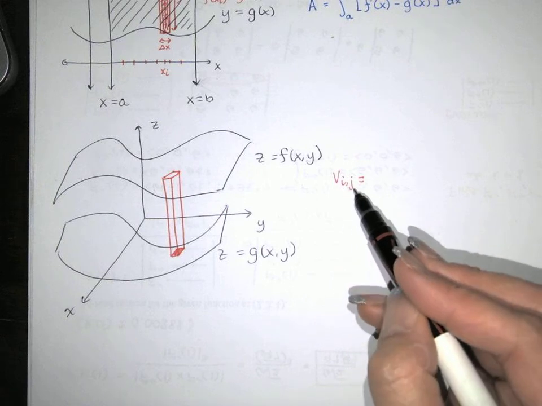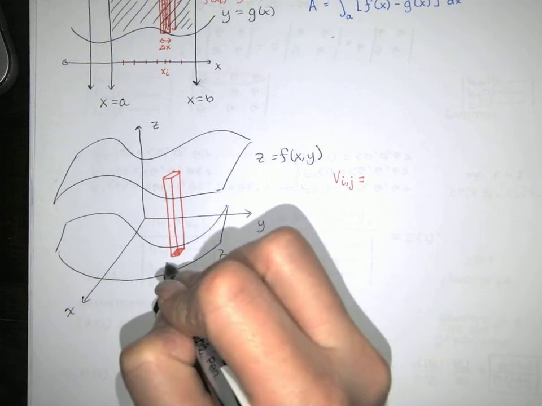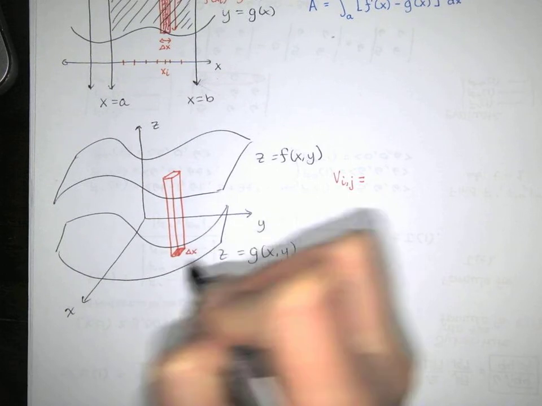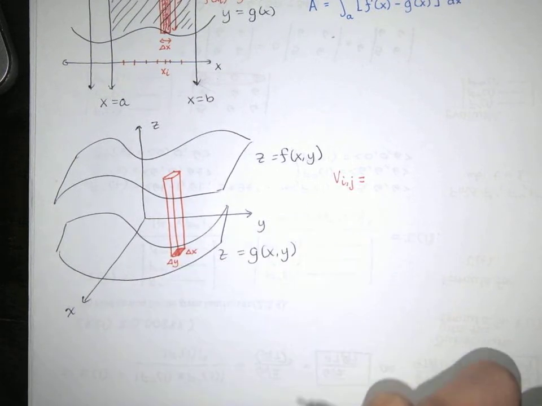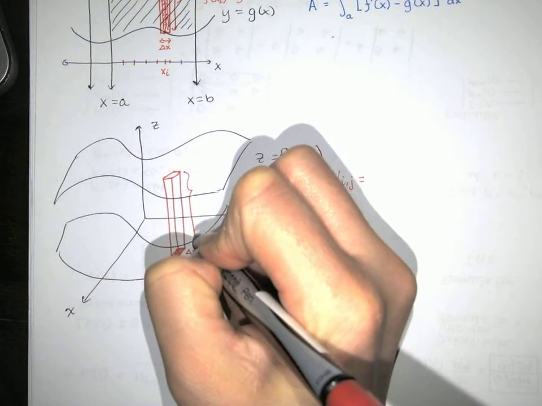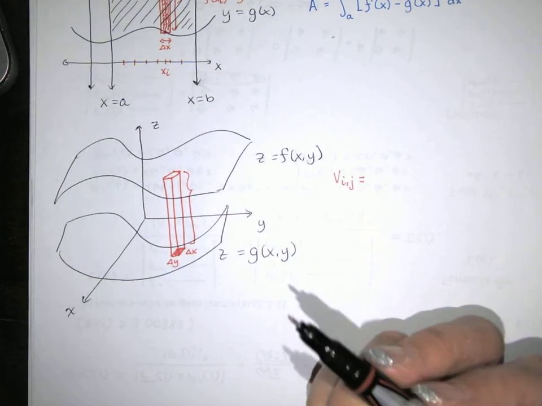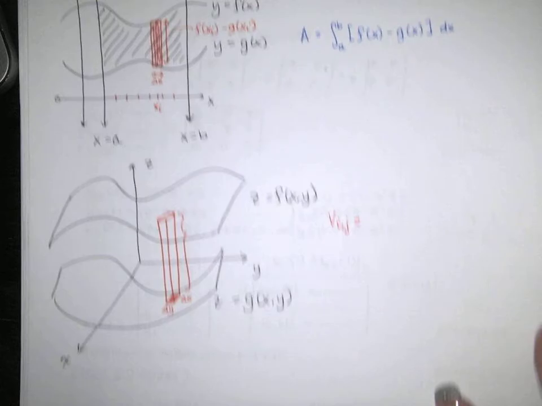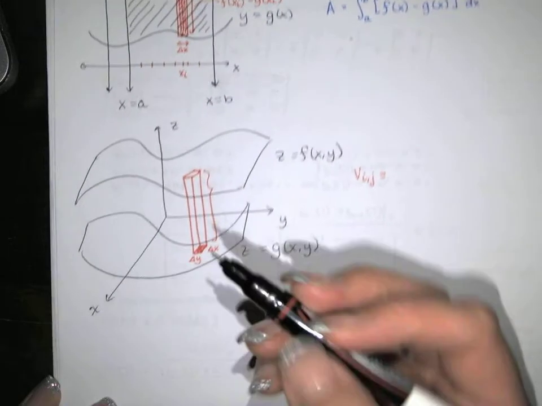So the volume of that ith jth rectangular prism, that's the prism in the ith subinterval in the x direction and the jth subinterval in the y direction, that's just length times width times height. Well, length and width are delta x and delta y, and the height of this guy is just the top z value minus the bottom z value, just like the length of this one was the top y value minus the bottom y value.